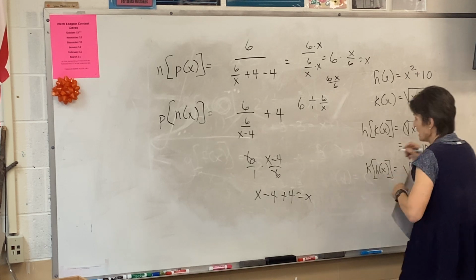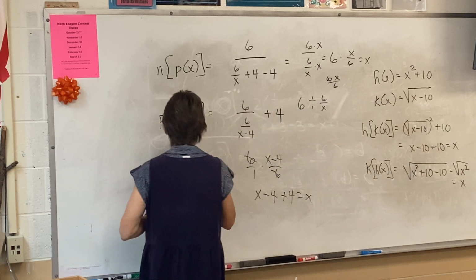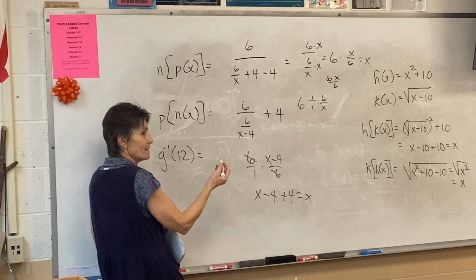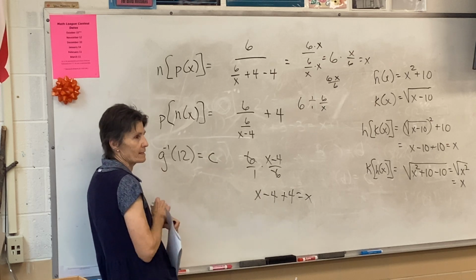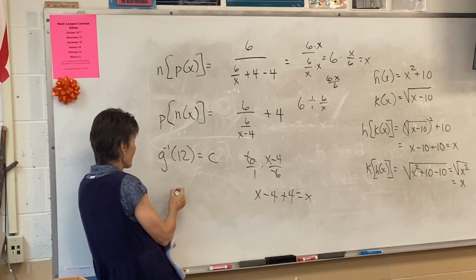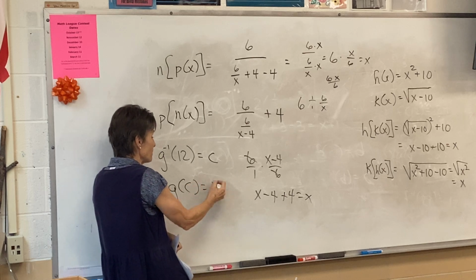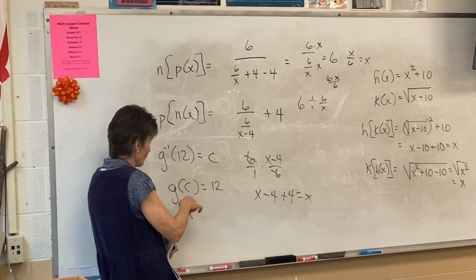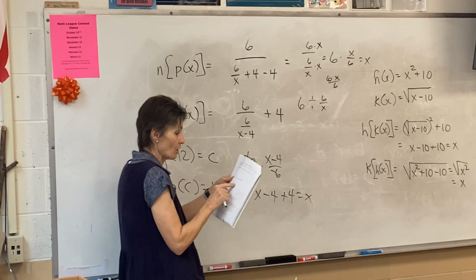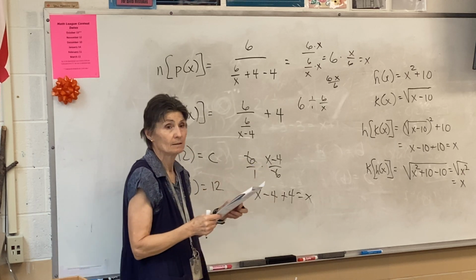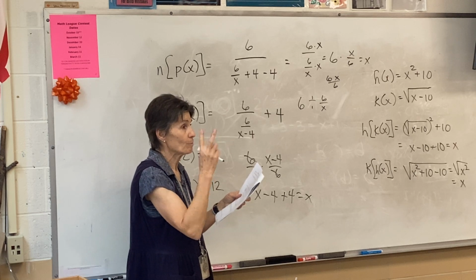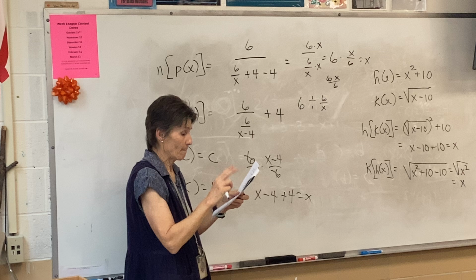If we're looking for G inverse of 12, we want to know what does that equal. I'll just call it C. Doesn't that mean that G of C had to be 12? So what is that number? What gives you 12 in the chart? It is 16. Remember the ordered pairs flip-flop.